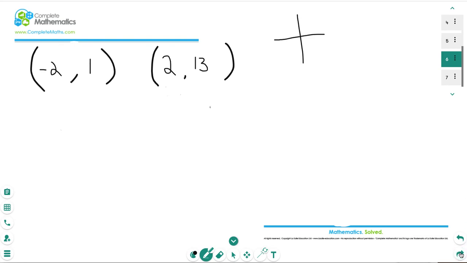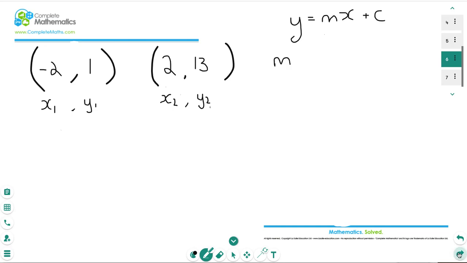Hopefully you drew a sketch to show where the 2 points are. You can see that they can be connected with a straight line, and this time it looks like we have a positive gradient. So we're going to label our points x1 and y1, x2 and y2. These are our coordinate pairs. Our gradient is going to be calculated using the same change in y divided by change in x.